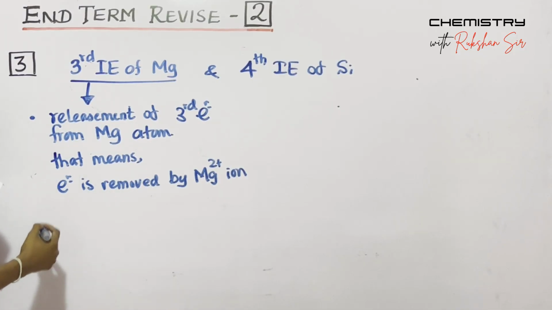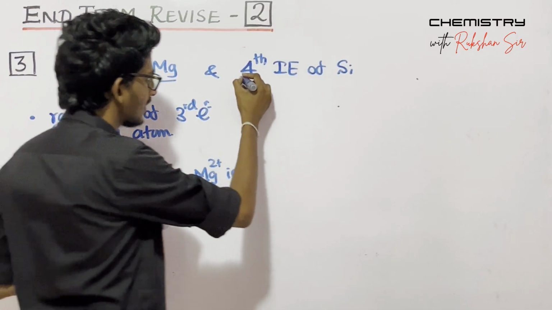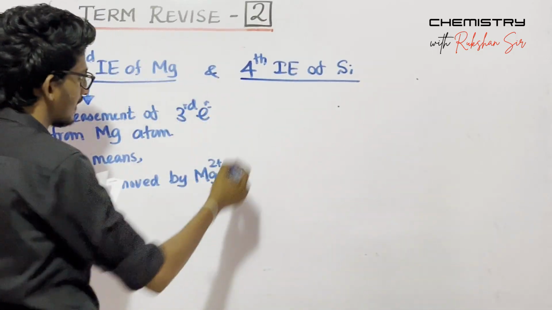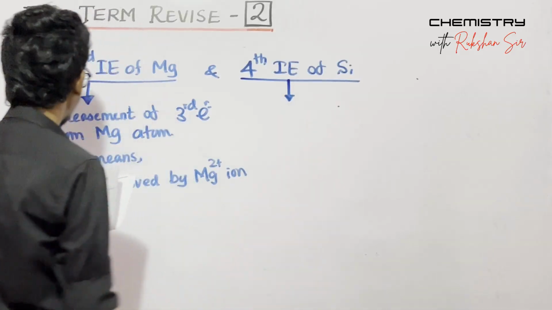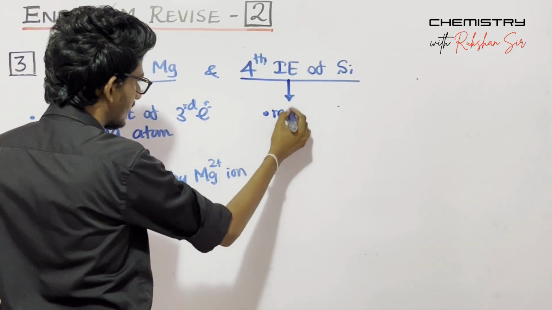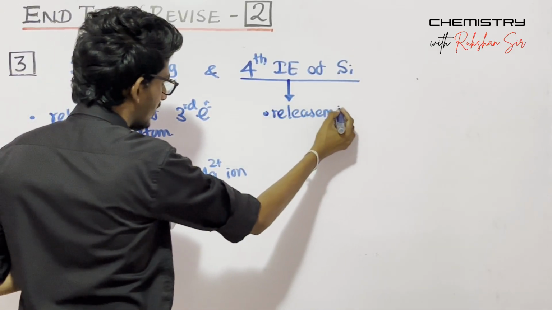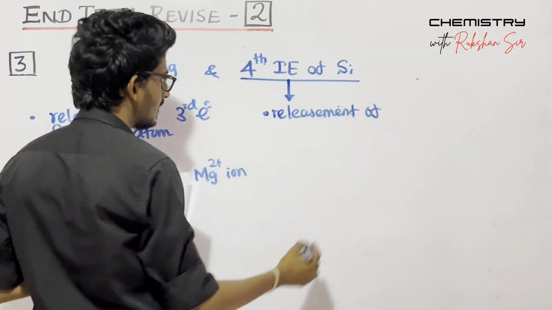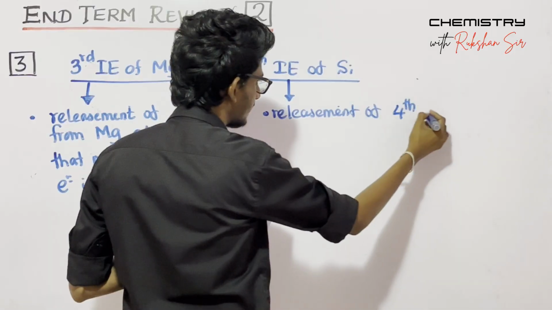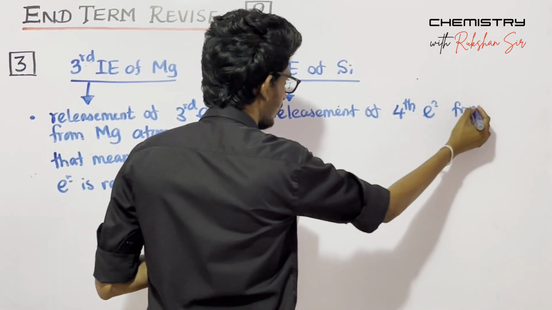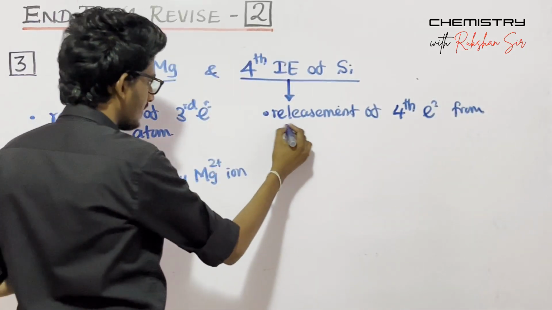Let's discuss the fourth ionization of silicon as well. It is the releasement of the fourth electron from the silicon atom.